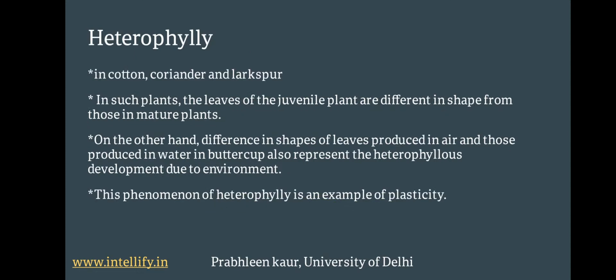For example, heterophylly can be seen in cotton, coriander, larkspur. In such plants, the leaves of the juvenile plant are different in shape from those in the mature plants. When they are juvenile, when they are younger, they have a certain kind of leaves, and the mature plants have different types of leaves.